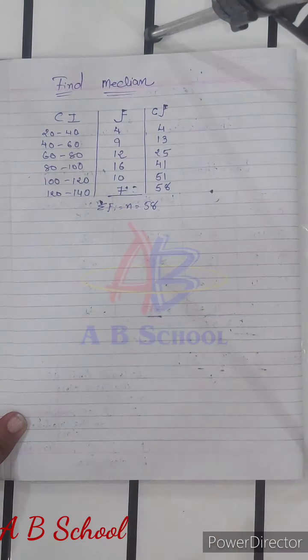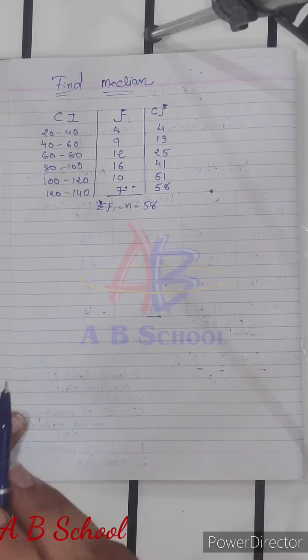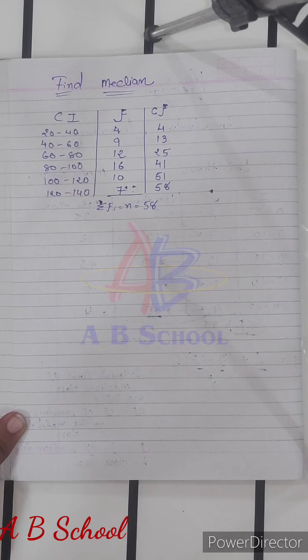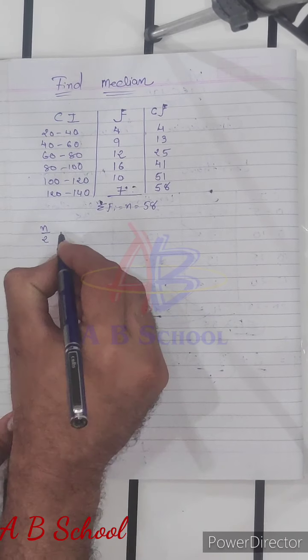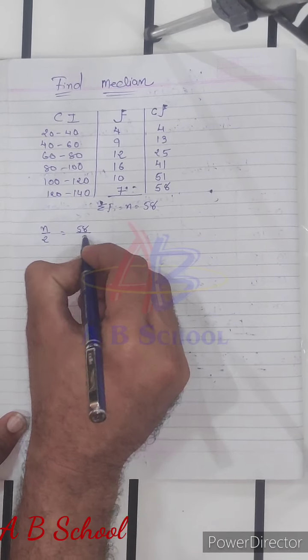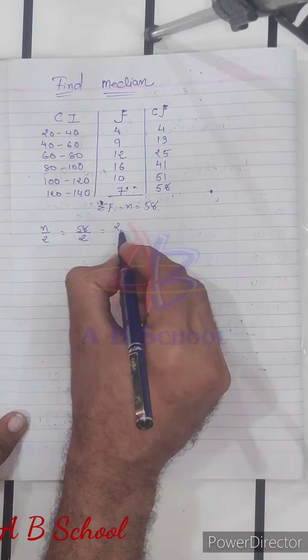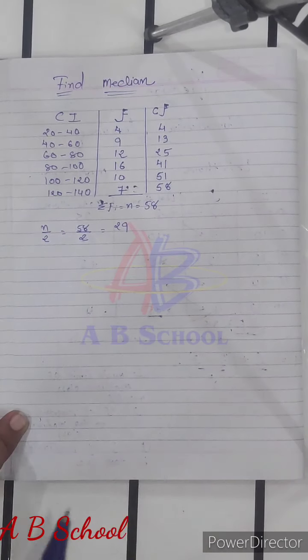Now the first step is to find the median class. For that, I need to find n by 2 first. So n is 58, and 58 by 2 is 29.